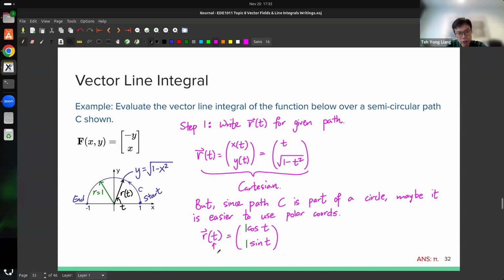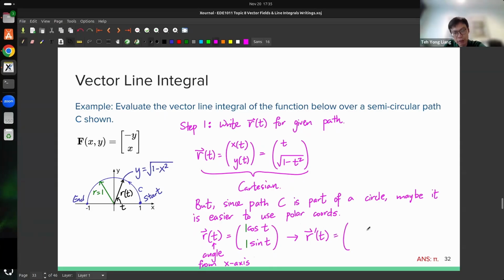This is so easy because you have a very easy time performing the differentiation. So t now becomes the angle from the x-axis as shown here. After you get the r of t, because you want r prime, you just differentiate.